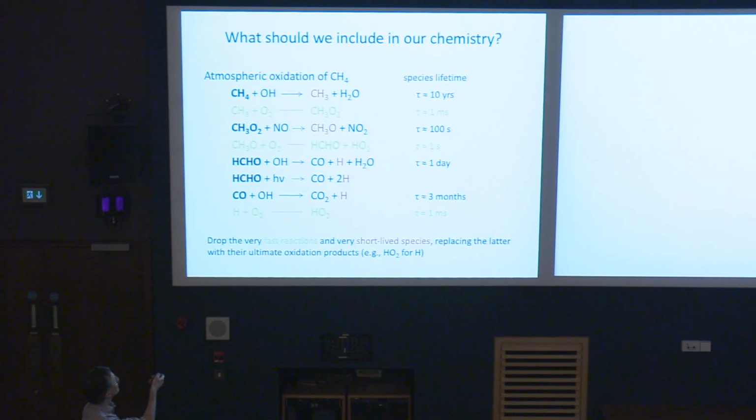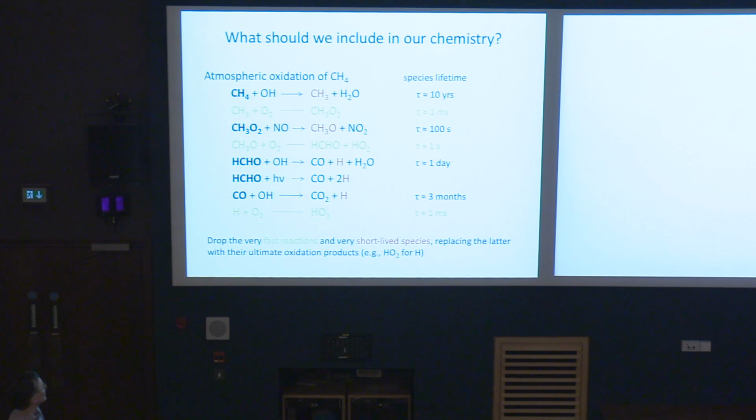So, for example, this methyl radical here. We don't really care about this too much in our model. We know that it picks up oxygen pretty much instantaneously to form the peroxy radical. So we can actually drop this species and drop this whole reaction. Okay, we can just have methane and OH going straight on to form this peroxy radical plus water.